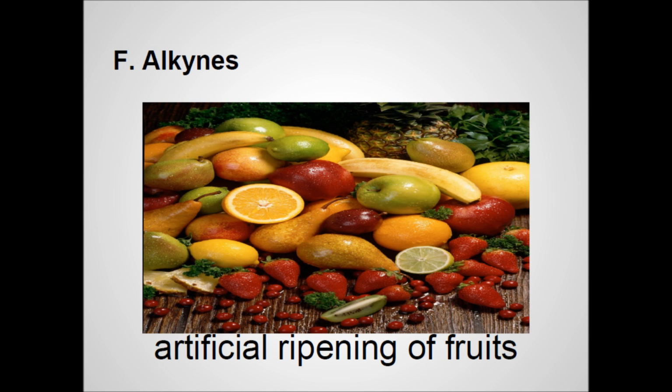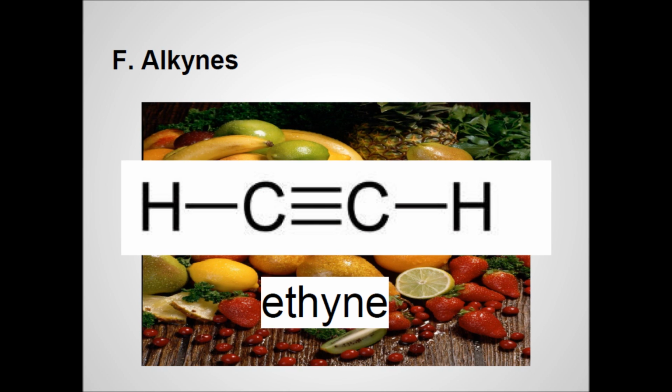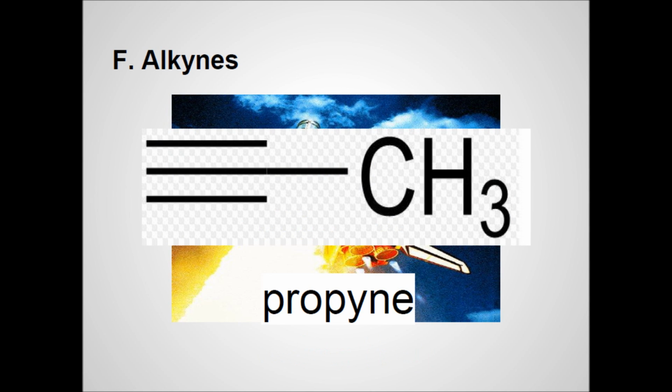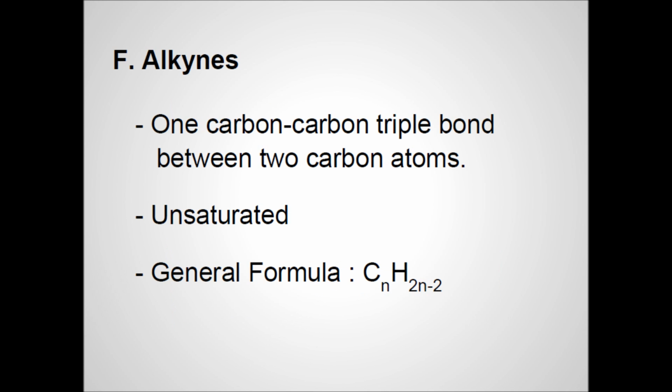To induce the artificial ripening of fruits, ethyne, which is an example of an alkyne, is mainly used. For rocket fuel, propane is mainly used. Alkynes are unsaturated hydrocarbons that contain a carbon-carbon triple bond.